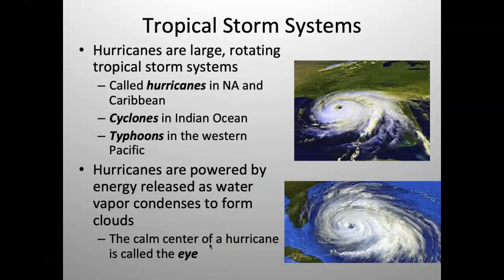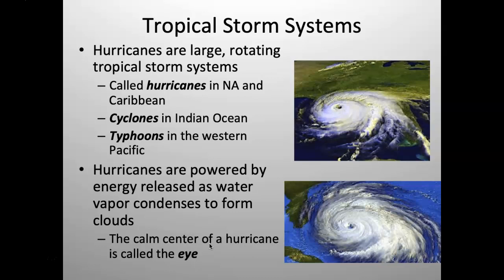A hurricane is a large rotating tropical storm system. In North America and the Caribbean, they're known as hurricanes. If you go into the Indian Ocean or over in Asia, they're known as cyclones. And in the Western Pacific, they are known as typhoons.